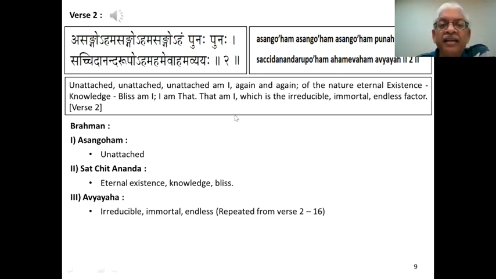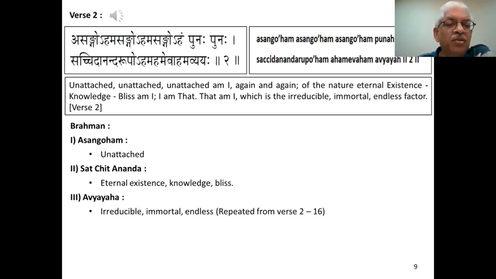This line, aham evaham avyayaha, is repeated from verse number 2 to 16. It's a very important portion of the realization. We all feel that we die when the body dies.